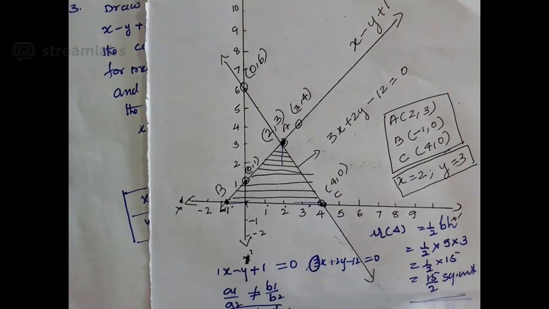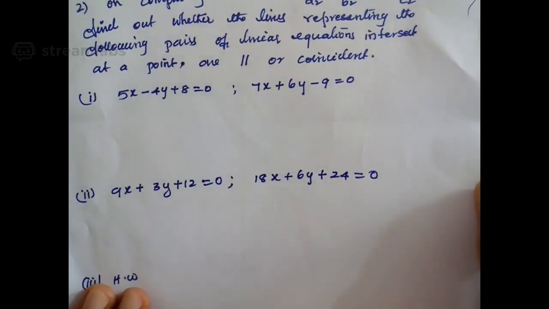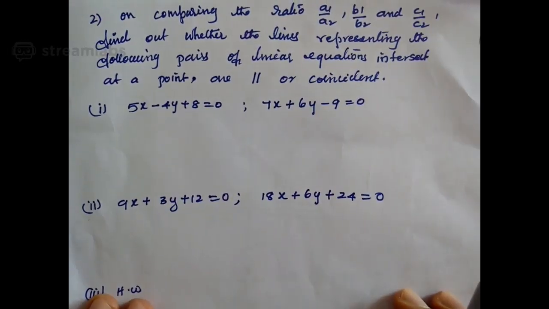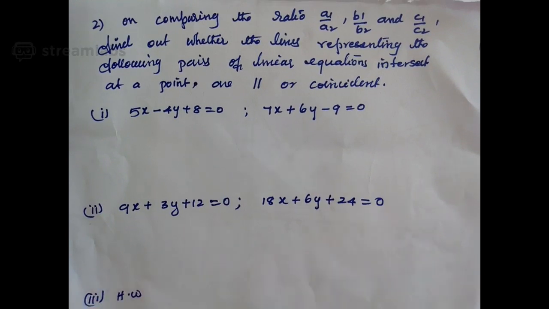Okay. Now we'll go to exercise 3.2, second main. See the question. On comparing the ratios A1 by A2, B1 by B2 and C1 by C2, find out whether the lines representing the following pairs of linear equations intersect at a point, are parallel or coincident.